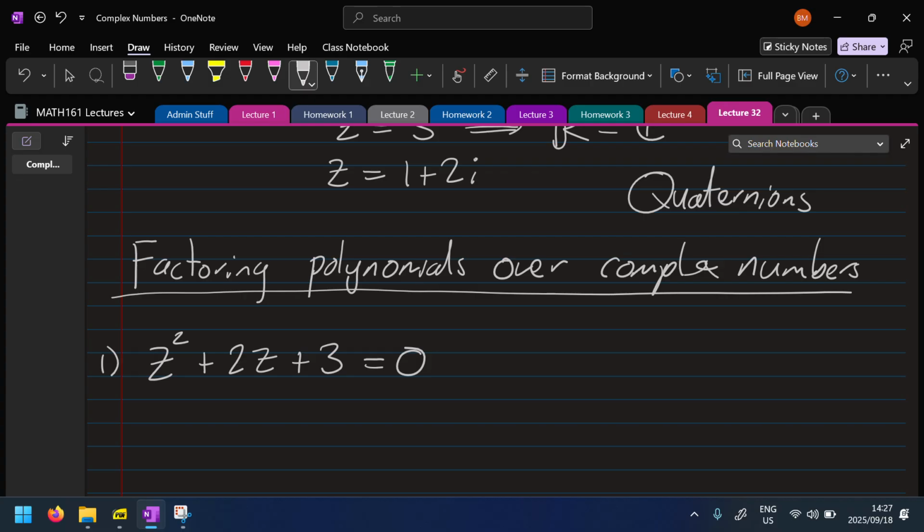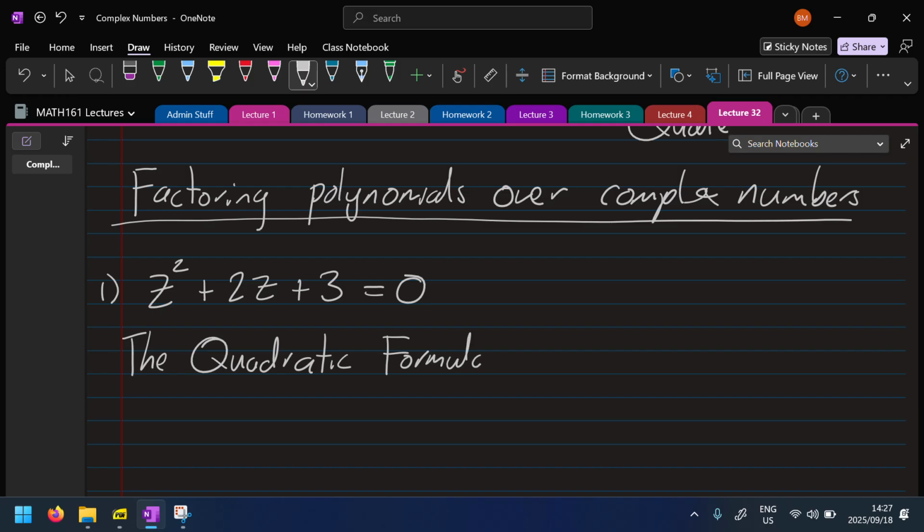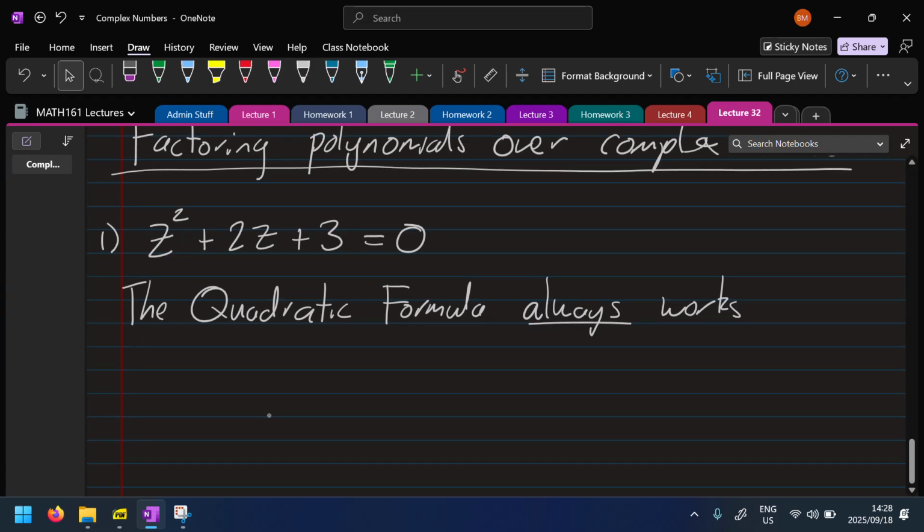So we're going to try something else. What we know will always work is the quadratic formula. It always works. Even if you can do the factoring methods from before, the quadratic formula always works, so we can always use it. So let's do that.